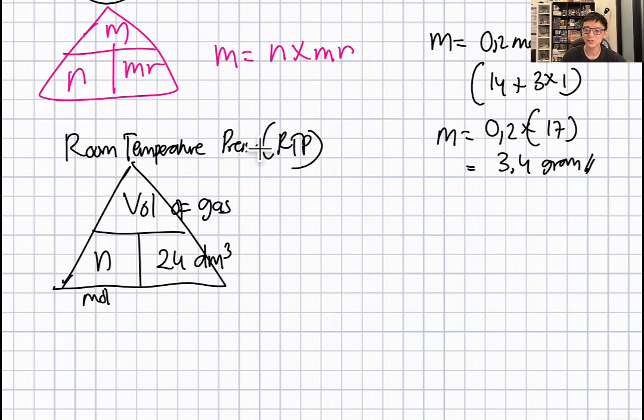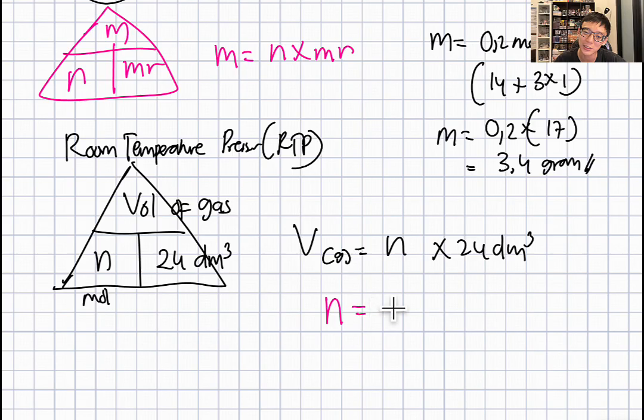So if it mentions RTP or room temperature and pressure, then this relationship is true. So volume of gas is equal to the mole multiplied by 24 decimeter cube, meaning that if you have the volume, you can find the mole, and if you have the mole, you can find the volume. So mole is equal to the volume of gas divided by 24 decimeter cube.